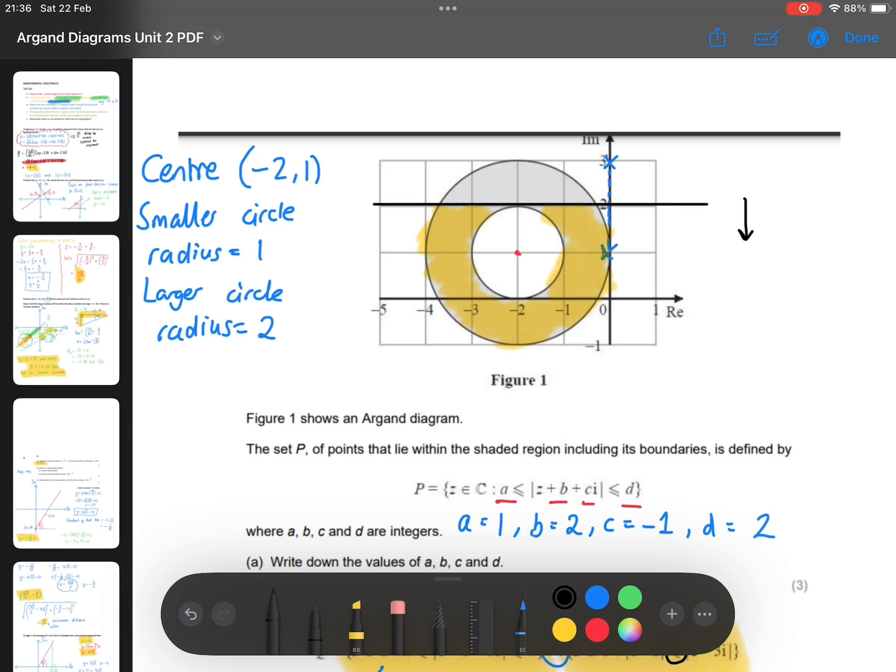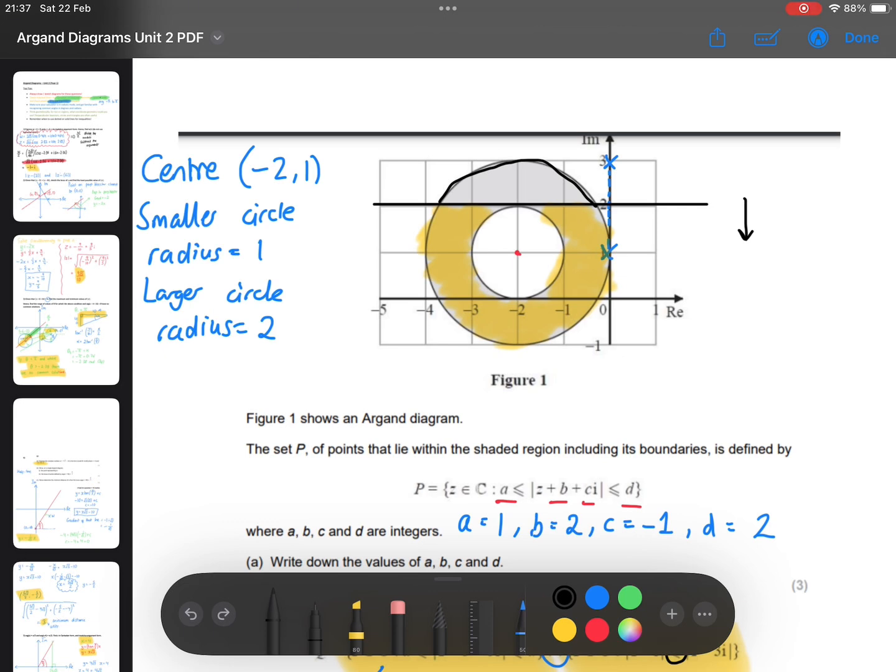It's going to be the area of the larger circle, subtract the area of the smaller circle. So that's quite easy to work with. And if only we had a way of working out the area of this section here, that bit there, we can then subtract that from the area of the shaded region to get the area that we're interested in for the question.